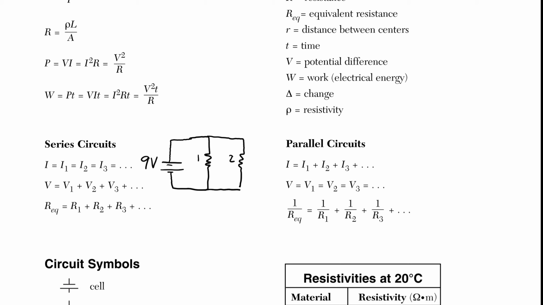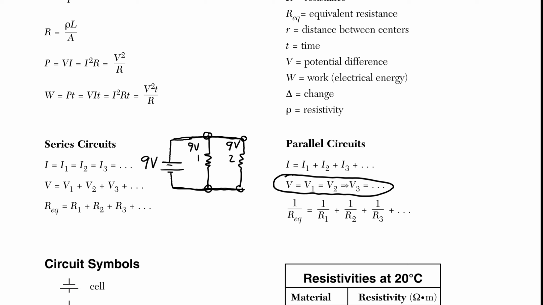The voltage across resistor 1, from this position to this position, is still 9 volts. And across resistor 2 it's the same, because of the way the wires are oriented, you get the same potential drop. So that's why all the voltages are equal to each other in parallel circuits.